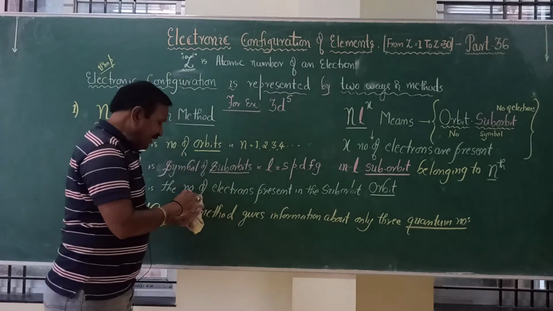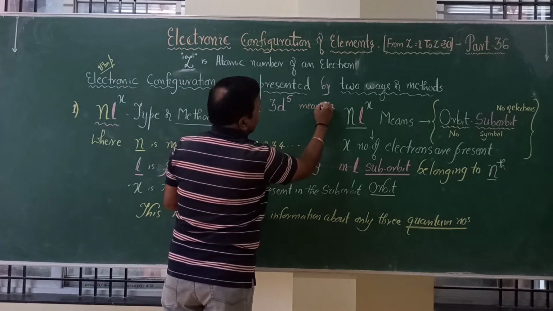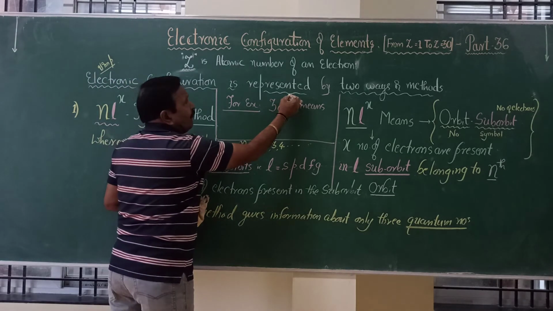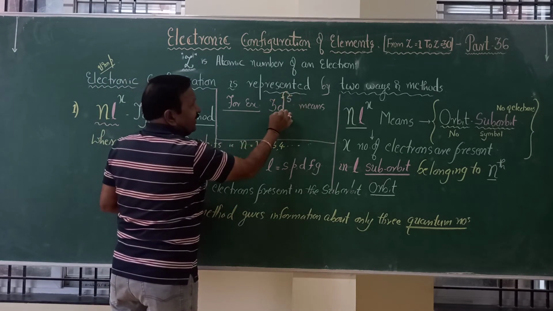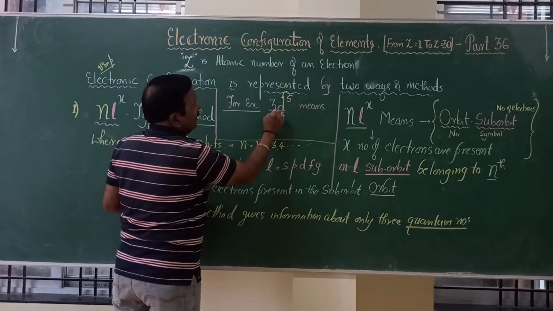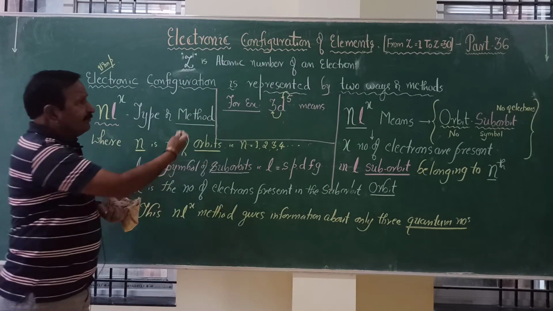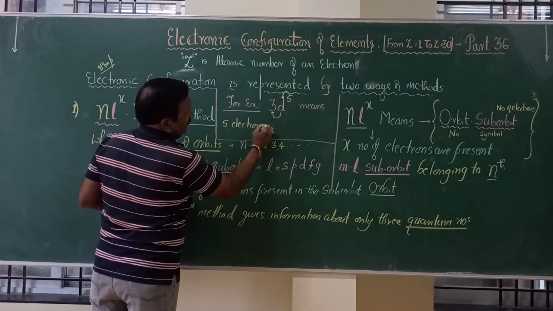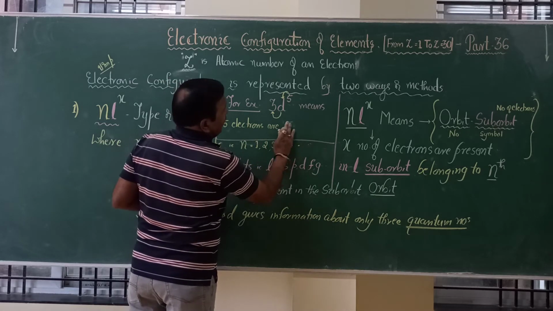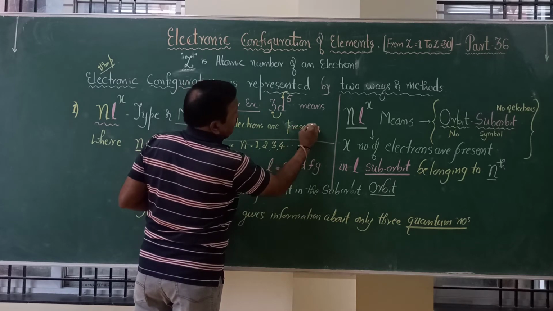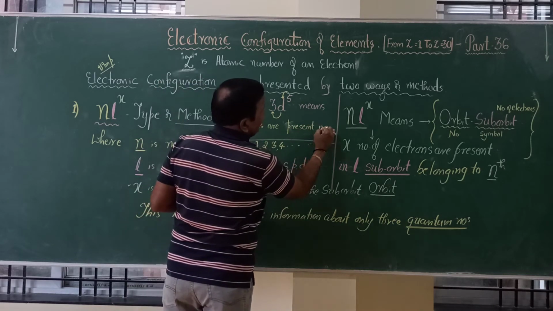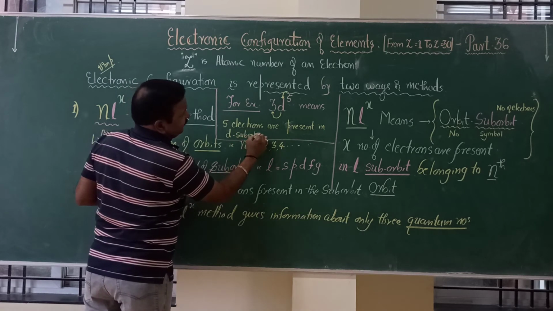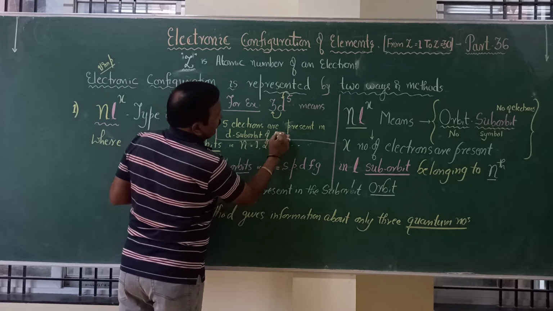If you want one example, for example, 3d5. They may ask in the examination, what is the meaning of 3d5? 5 electrons are present in the d suborbit of 3rd orbit.